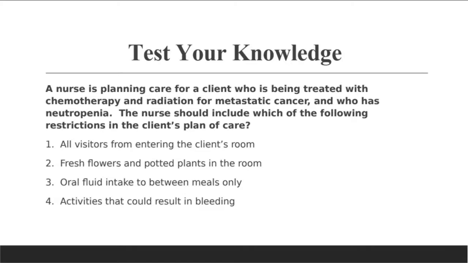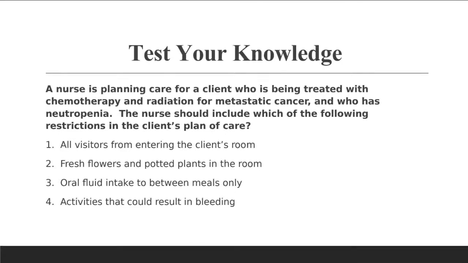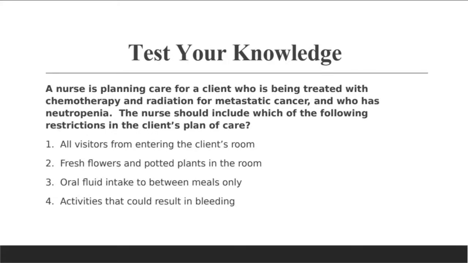So what are some of the things that you're going to do besides restrict fresh flowers and potted plants when your patients are neutropenic because they're at risk? So what are some of the things you as the nurse are going to implement? Cook foods, private room, limit visitors, and limit those visitors to ensure that they're not sick. Good, oh yeah, good hand washing, reverse isolation for the people that are entering the room, the staff, those kinds of things.